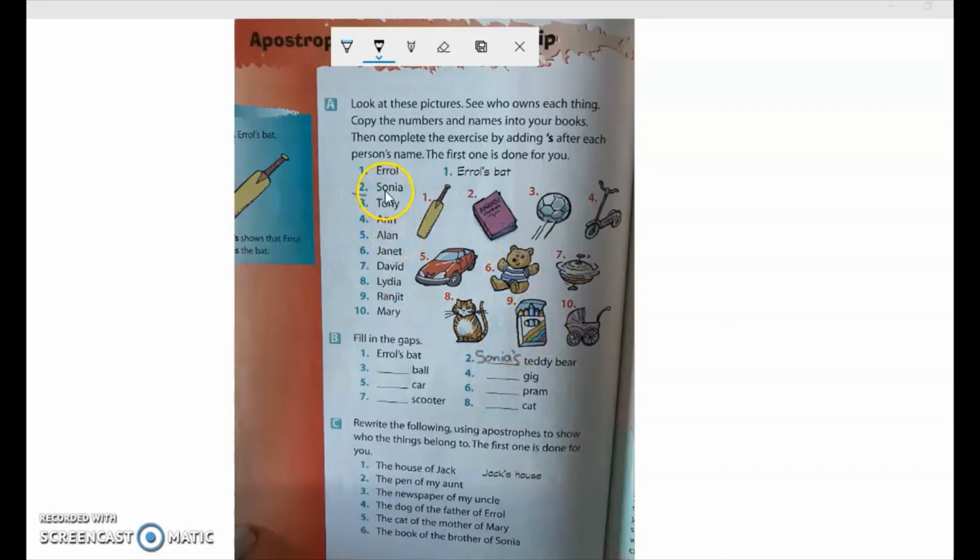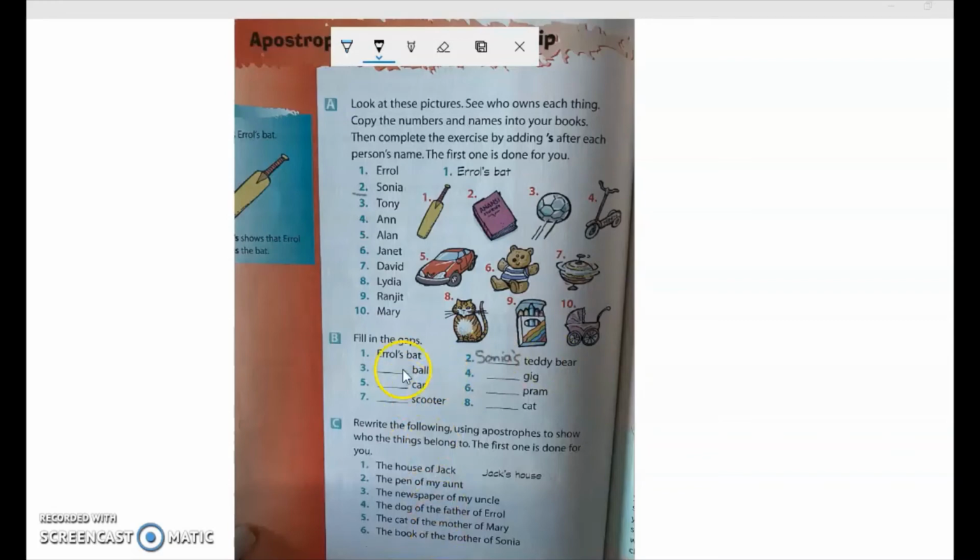So I'm going to put her name, Sonia, here with an apostrophe S. So Sonia's bat, Sonia's teddy bear, right? Sonia's teddy bear. Errol's bat, Sonia's teddy bear. I'll do one more to show you and then I'll leave you to complete the rest.